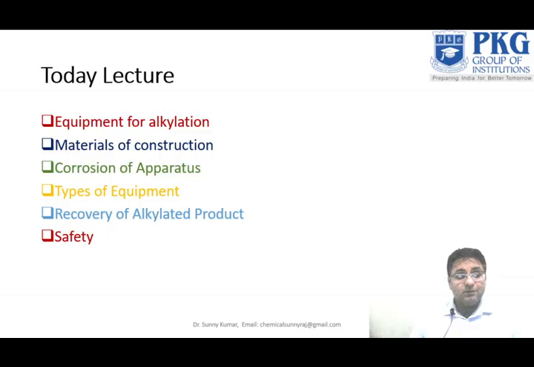Otherwise, if the process is not safe, then whatever you have done so far, you will not get the desired product, and you will get many losses in terms of mass transfer or heat transfer, and in economic terms also. So we have to be careful about what type of material we are using, and we have to check all the properties, the corrosiveness and the fouling properties. These things we have to check before designing the instrument.